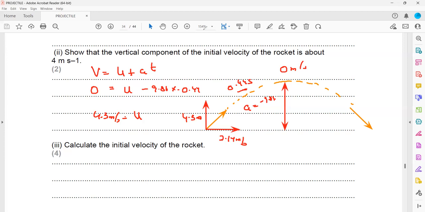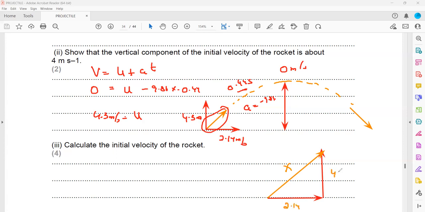Now you have the horizontal and vertical components, so you can use Pythagoras theorem to work out the initial velocity. In a right angle triangle, I have the base and the perpendicular, and I need the hypotenuse.